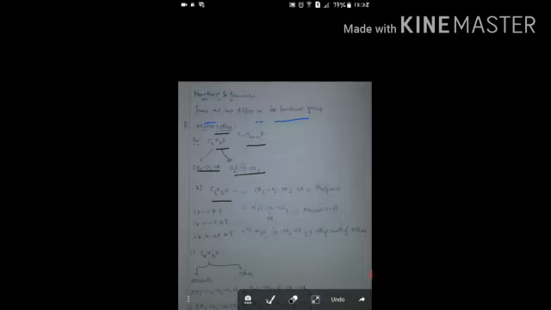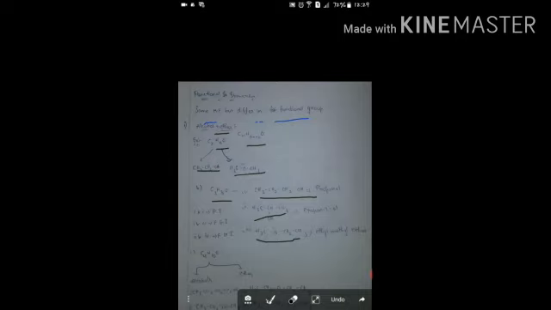We can write it as alcohol like this, another alcohol like this, and as ether like this. The first structure's IUPAC name is propanol, the second is propan-2-ol, and the third is ethyl methyl ether. Here we observe the same molecular formula but different functional groups.